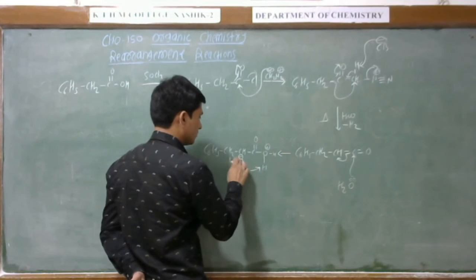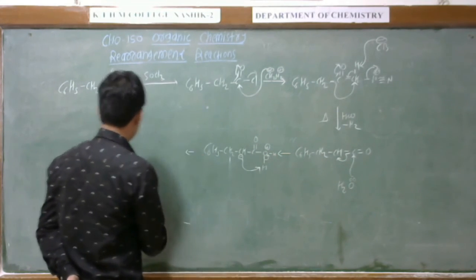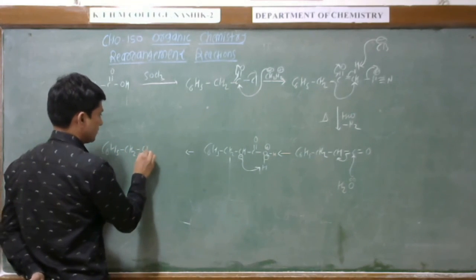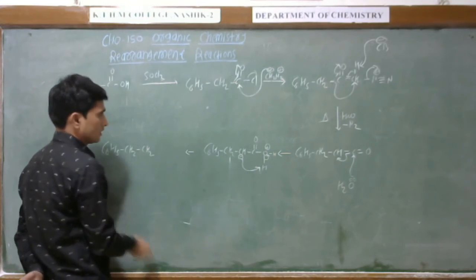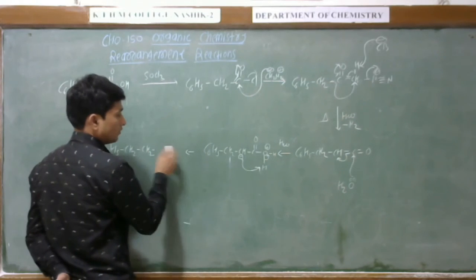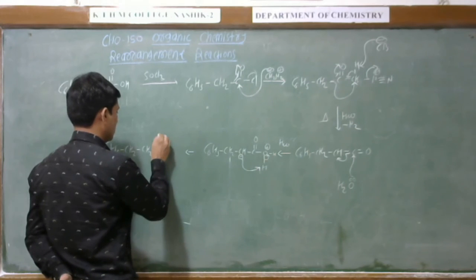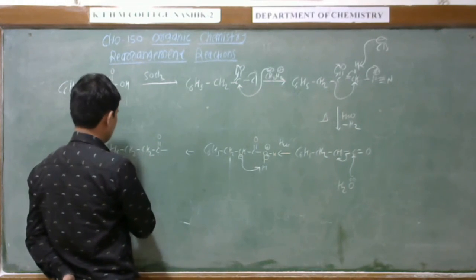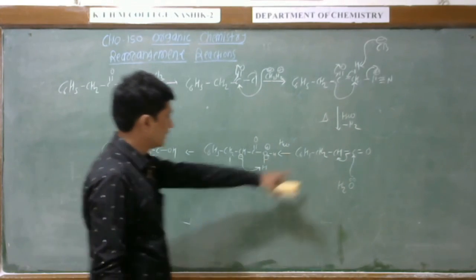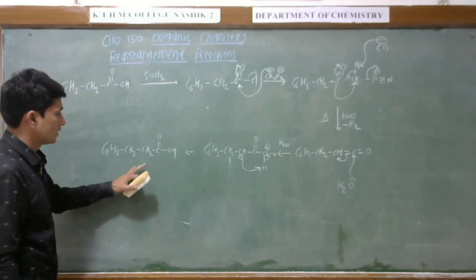This negative charge takes this hydrogen, this bond shifts, and we get the acid. Sorry, I was telling you earlier that when ketene reacts with H2O it gives amides. Not amides, it gives the acid. So I correct my sentence: this ketene when reacting with water gives us the acid.